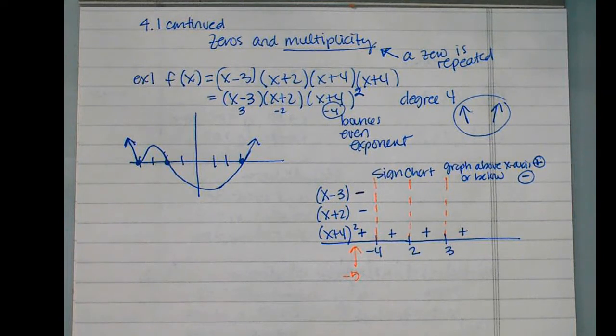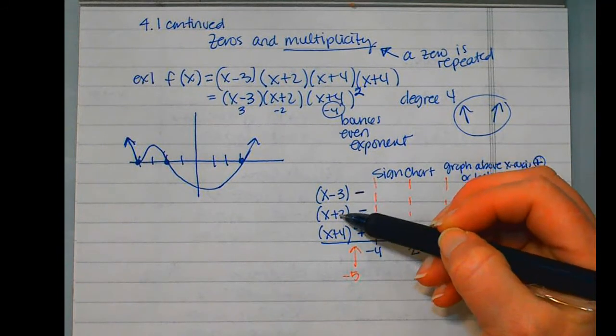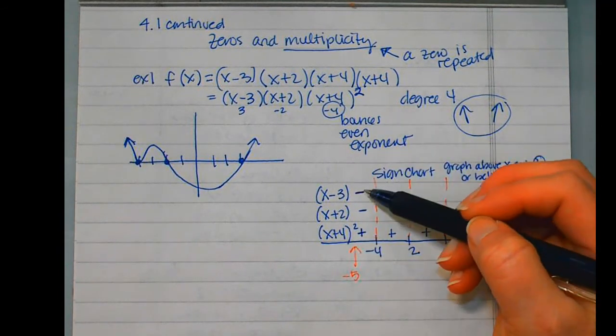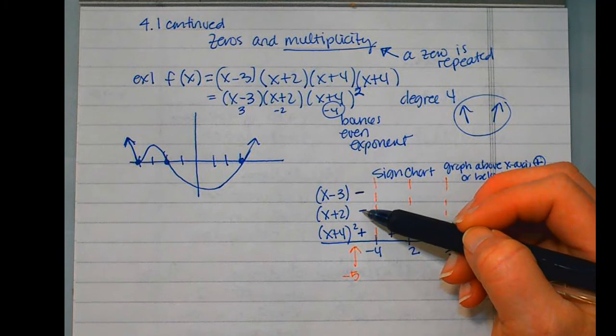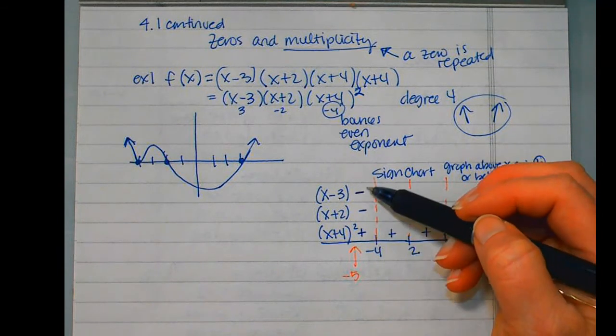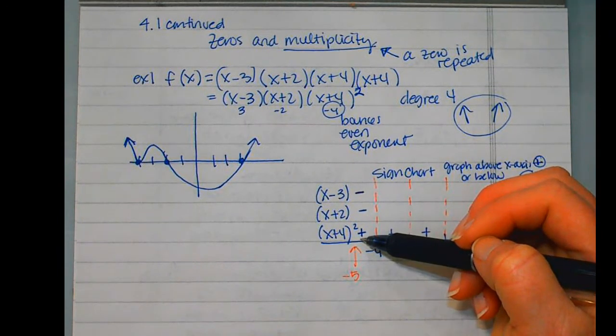So what I'm suggesting to you is, with the sign chart, if you were to multiply these 3 things together, you would be multiplying a negative number and a negative number and a positive number. What happens when you multiply 2 negatives and a positive? What value do you get? Positive or negative? Positive.